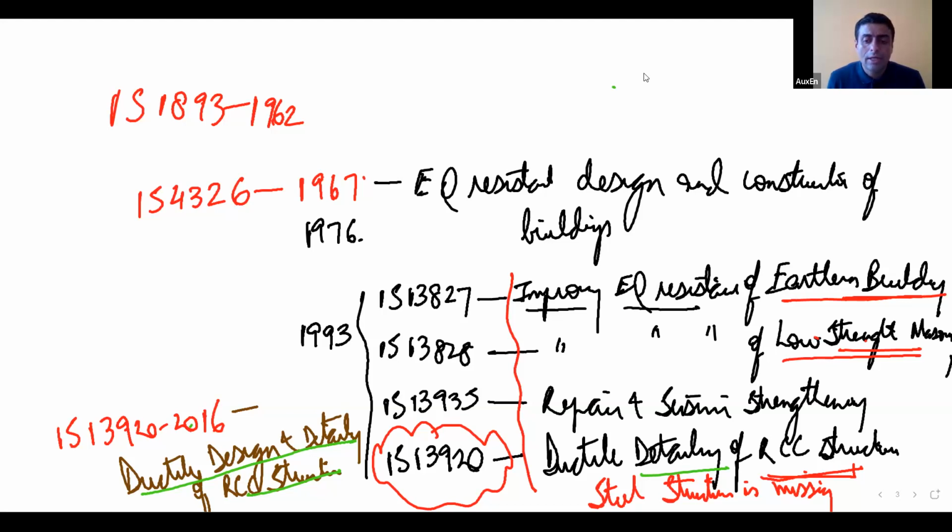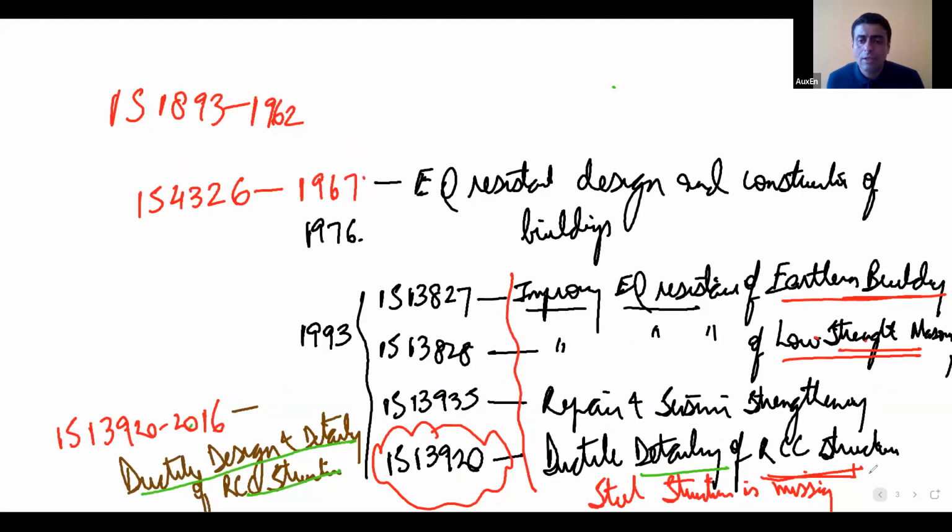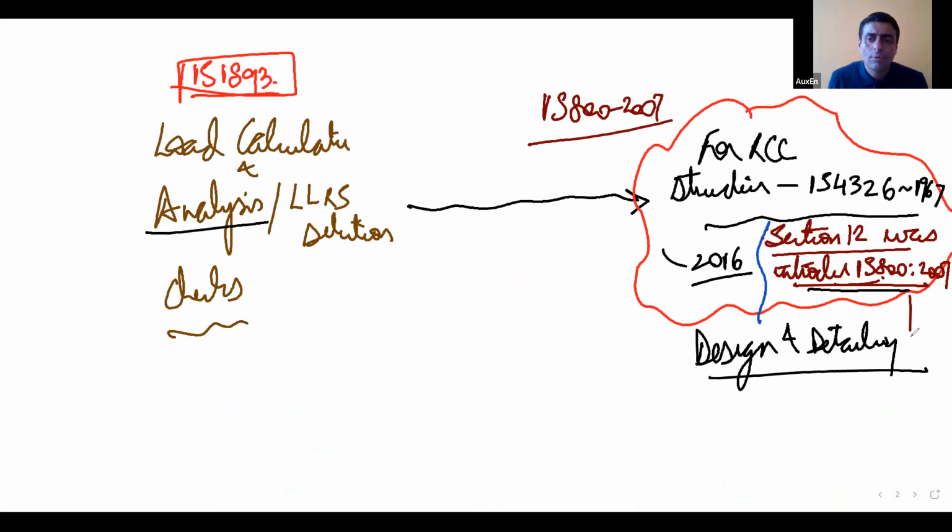We also had a ductile detailing of RCC structure code, but we never had any code for earthquake resistant design and detailing for steel structures until IS 800 2007 section 12, which included a few points about the ERDD of steel structures. So that is still 800 2007.